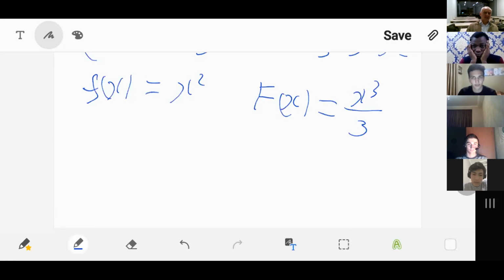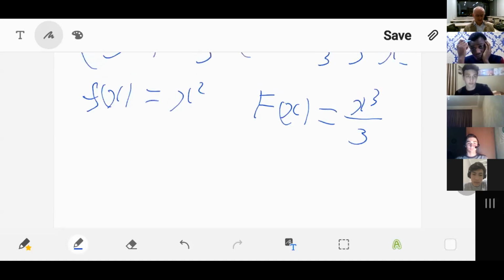Okay. Now my next question is: x cubed over 3. Is it the only function such that the derivative of this function is x squared, or maybe there exists another function such that the derivative of this function will be x squared? What do you think?